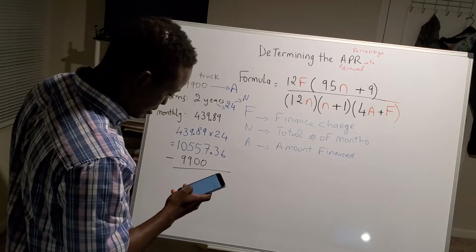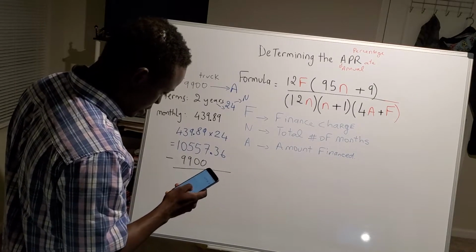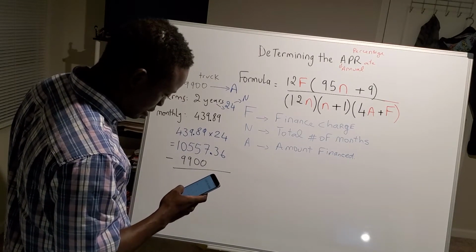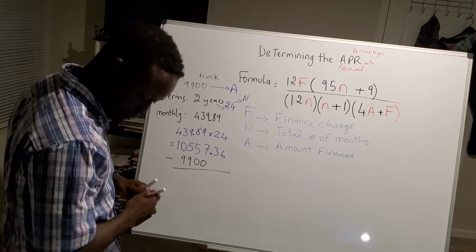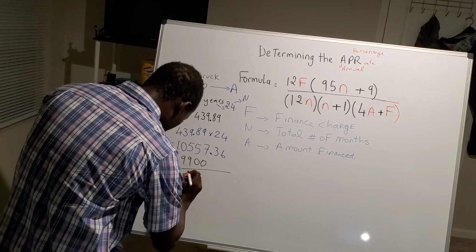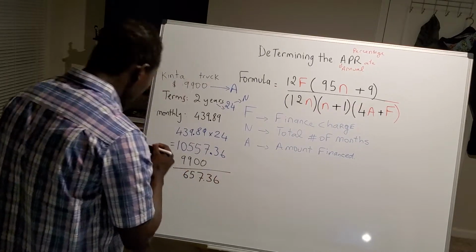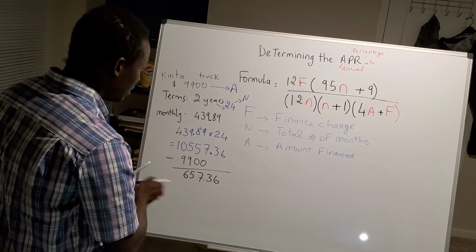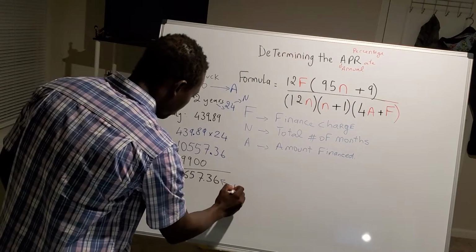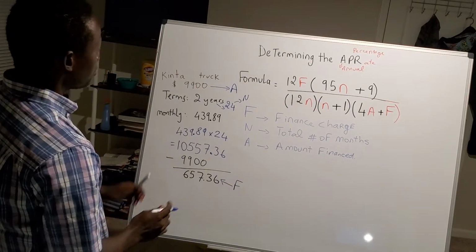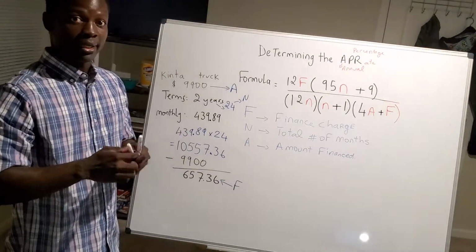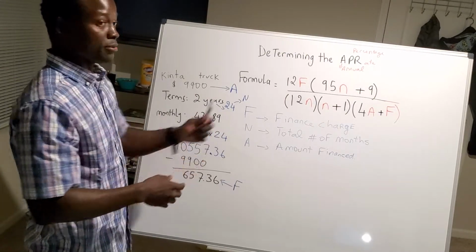Minus 9,900. So this will be 657.36. Now this is gonna be my finance charge, right? So I have everything I need now to use the formula.